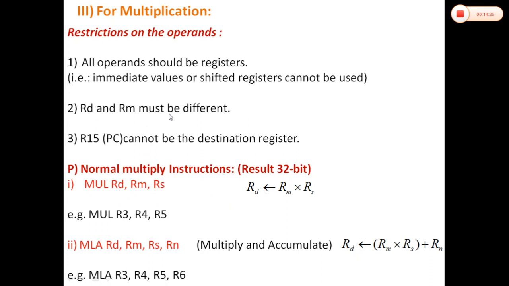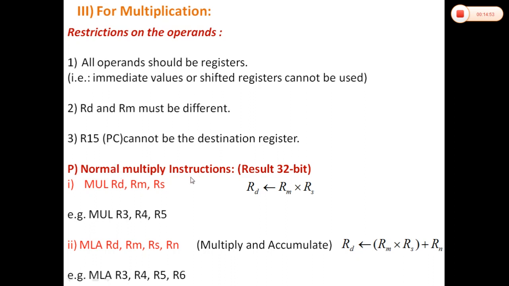Rd should be different from the source operands. The third restriction is that R15, which is the program counter, cannot be the destination register in case of a multiply operation. It means that in the subtraction and addition instructions, R15 can be used as a destination register, which is not possible in multiplication.